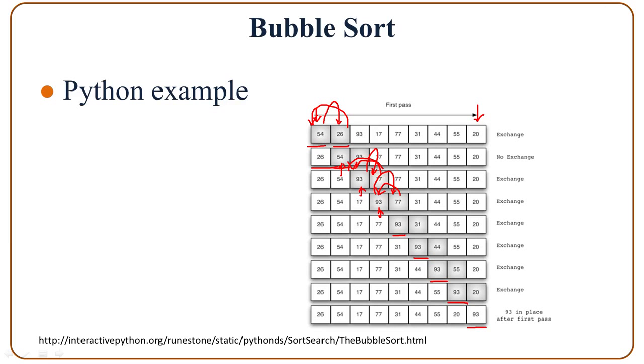So with the first pass, we put 93, which is the maximum, to the last element in the array. We repeat this with the second pass. And in the second pass, we go from the first element to the element next to the last element and repeat again and again.